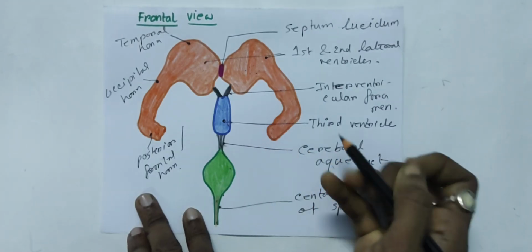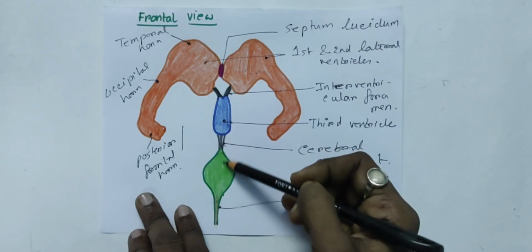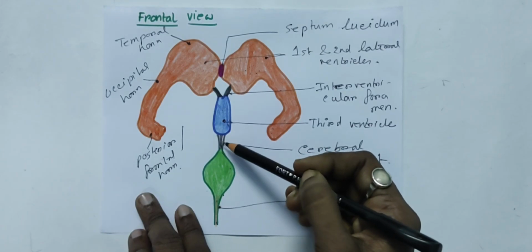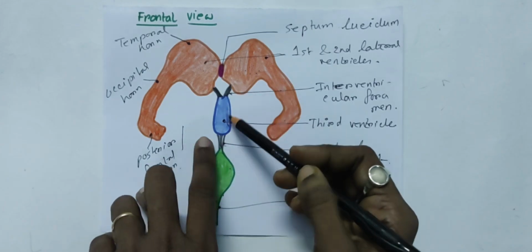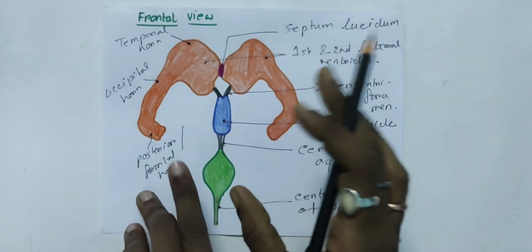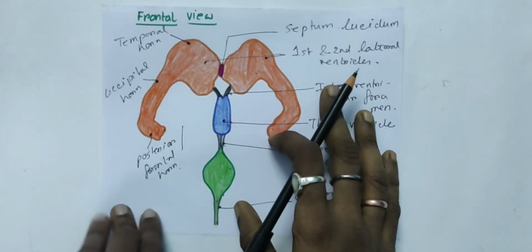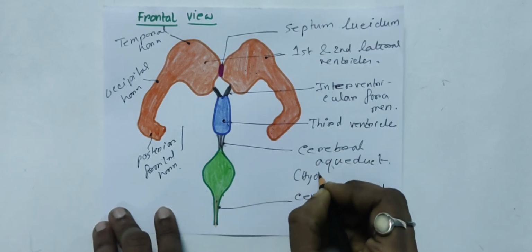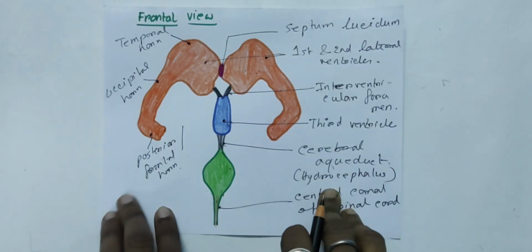Whenever the cerebral aqueduct gets blocked, the cerebrospinal fluid can't come out through this passage, because it creates an obstruction. So the cerebrospinal fluid is stored in this region, and the brain becomes large, and that situation is called hydrocephalus.